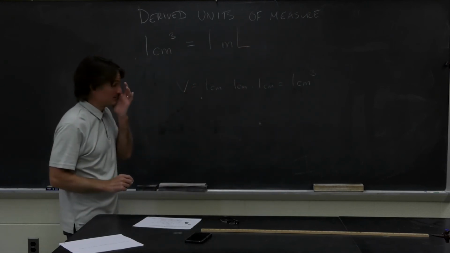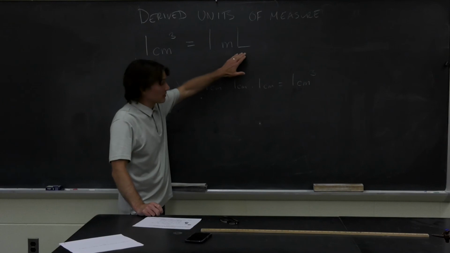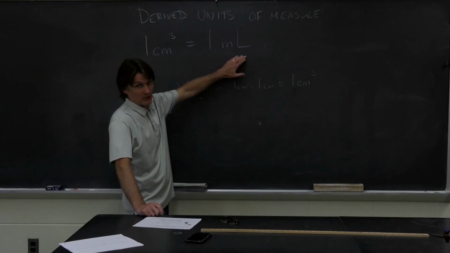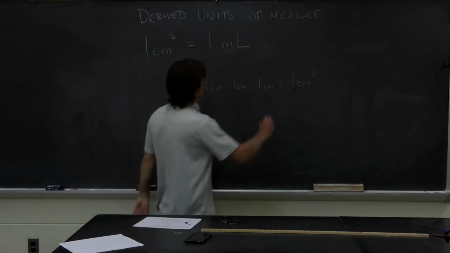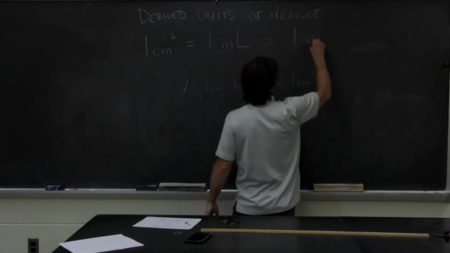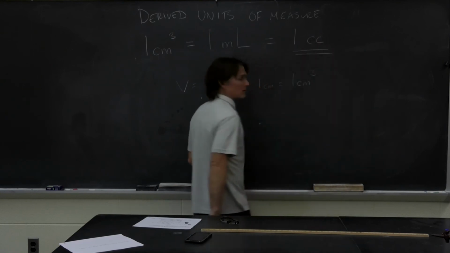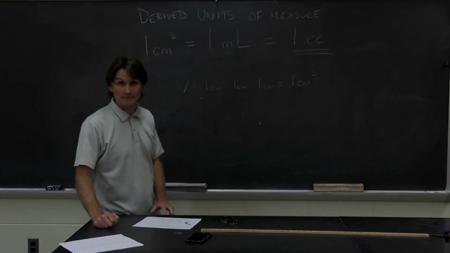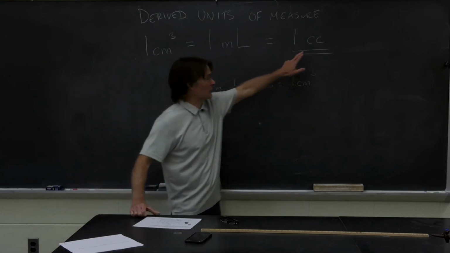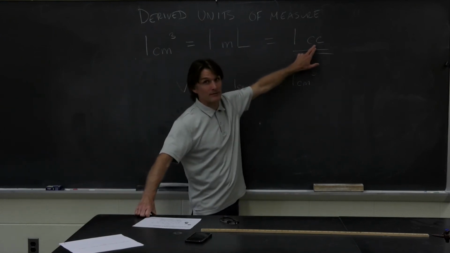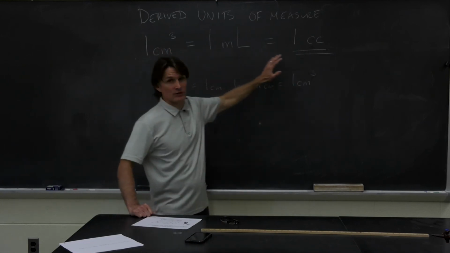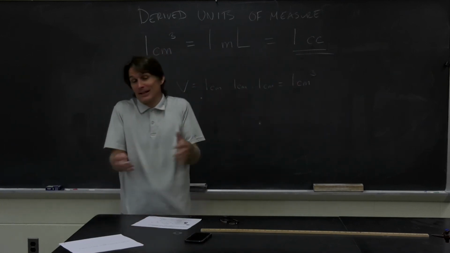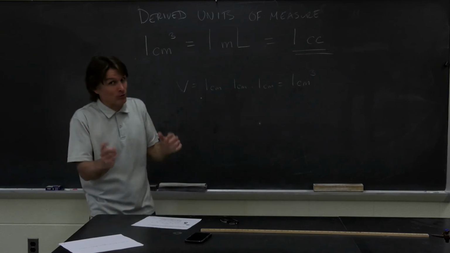Now this usually is reserved for fluid volumes. The liter is a fluid volume measurement. This is also the same thing as 1 cc. You'll sometimes hear people in the medical profession use this term, a cc. cc is just short for cubic centimeter. And so all of these are interchangeable. And it's important that you remember this.